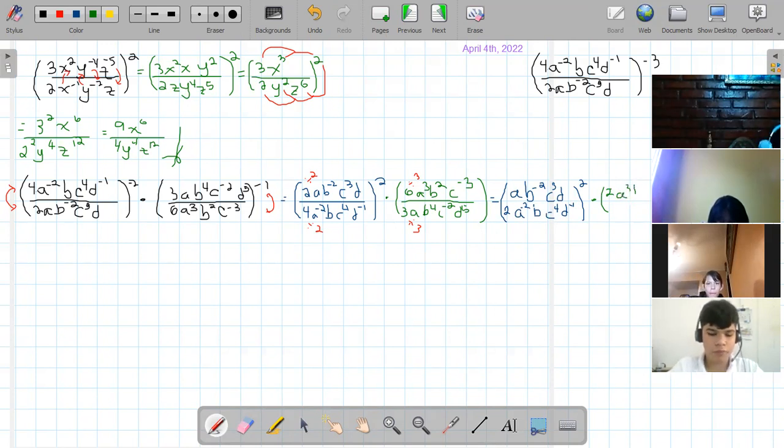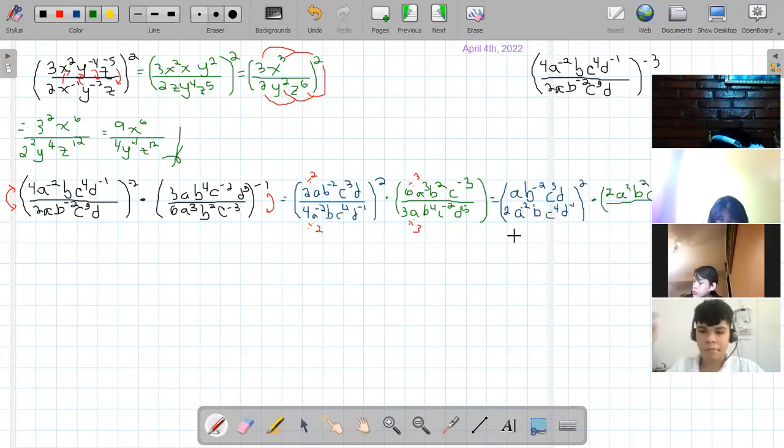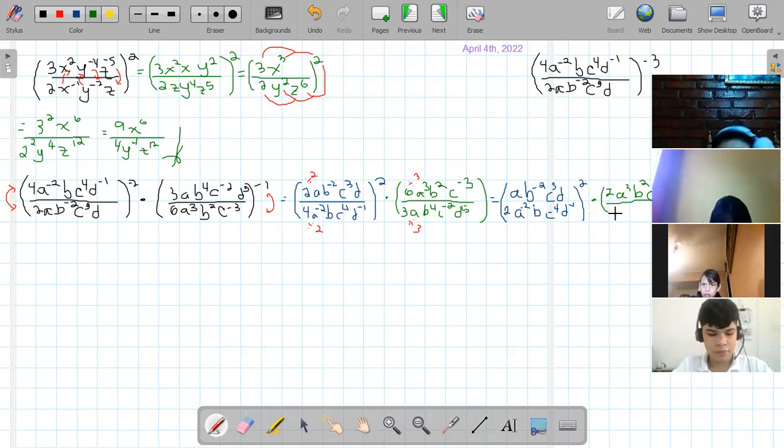A cube, b squared, c to the negative cube, everything over 3 divided by 3, 1. Do I need that 1? No, because it's a coefficient. So I don't need it. I just go ahead and copy my variables. A, b to the 4th power, c to the negative square, and d to the 5th power.